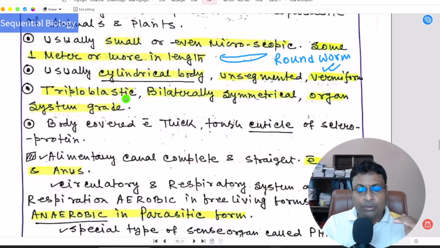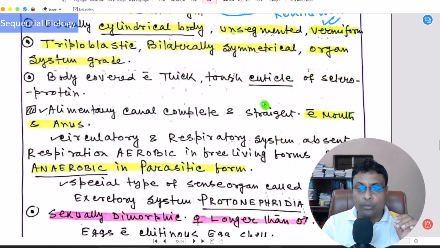That means during their developmental period, all the three germ layers appear: ectoderm, mesoderm and endoderm. They are bilaterally symmetrical, and organ system gradation can be seen. The body is covered with a thick and tough cuticle of scleroprotein, and the alimentary canal is complete and straight with mouth and anus.